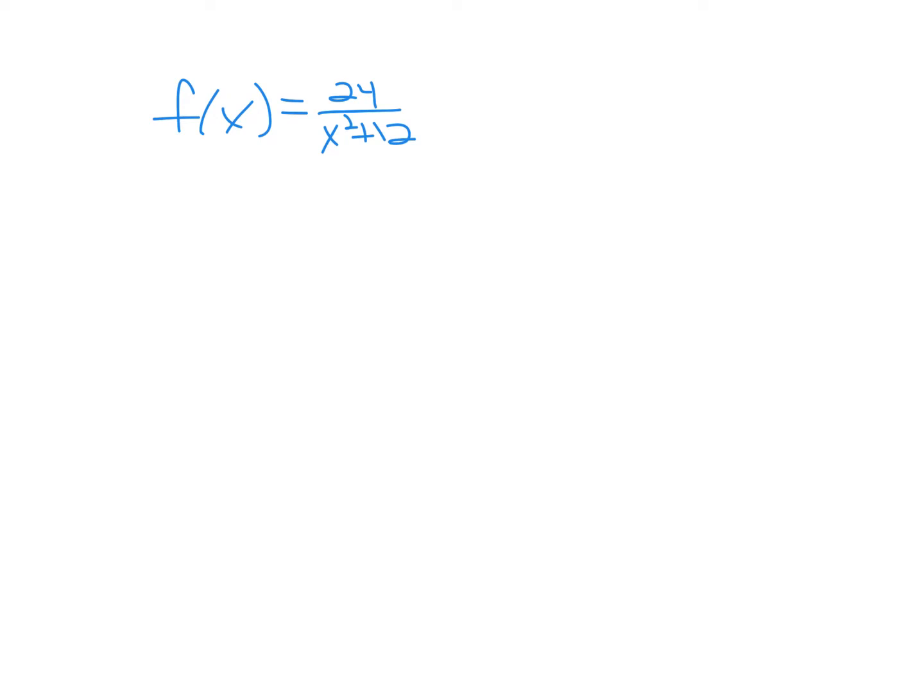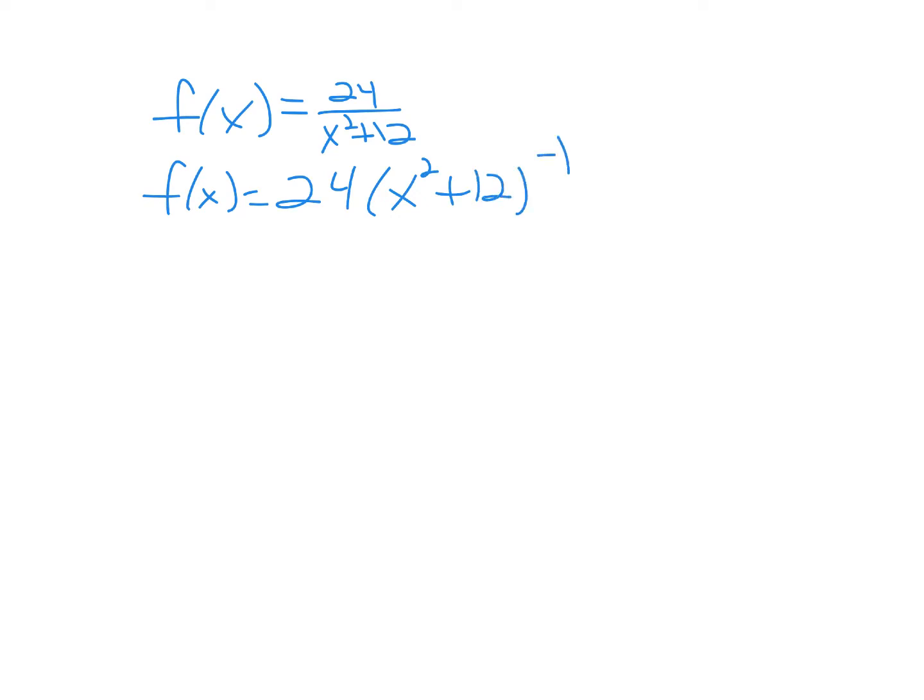Alright, let's use this function right here to tell when a function is concave up or concave down. So we need to find the second derivative. We could use quotient rule, but since there's a number up top, let's make our lives a little easier and do this. A little sneaky here, that's 12.